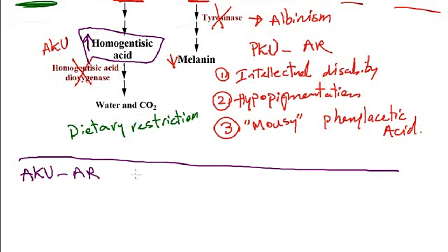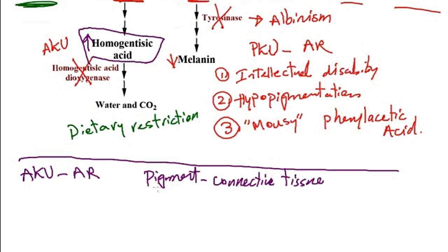This homogentisic acid will polymerize and form a pigment that is deposited in connective tissues, like for instance in the ear cartilage or in the sclera, and causes brownish discoloration.